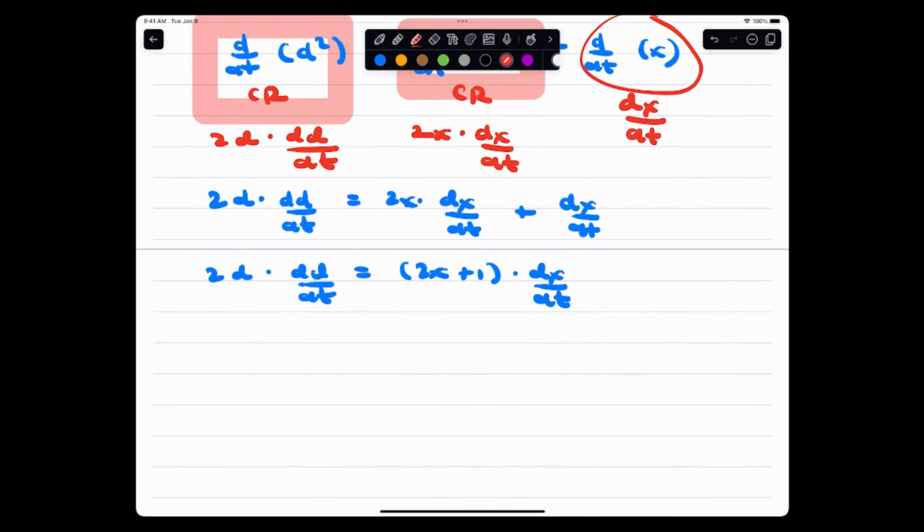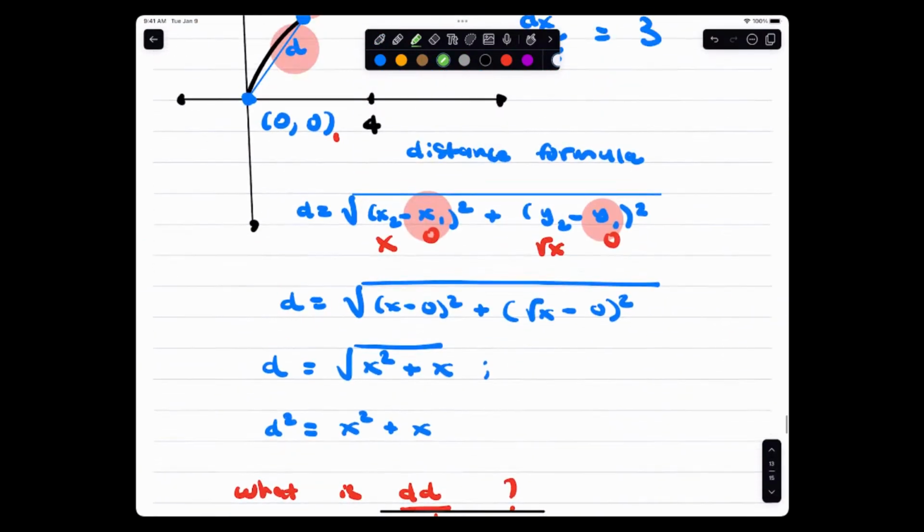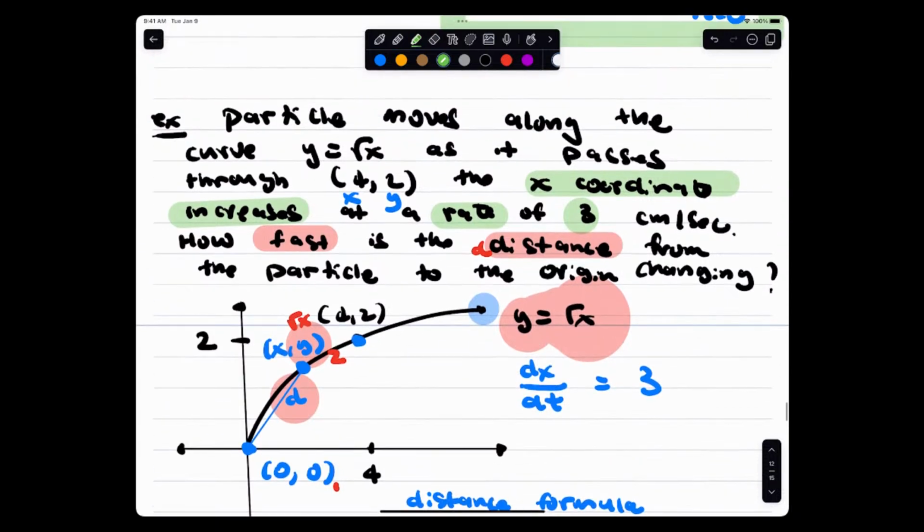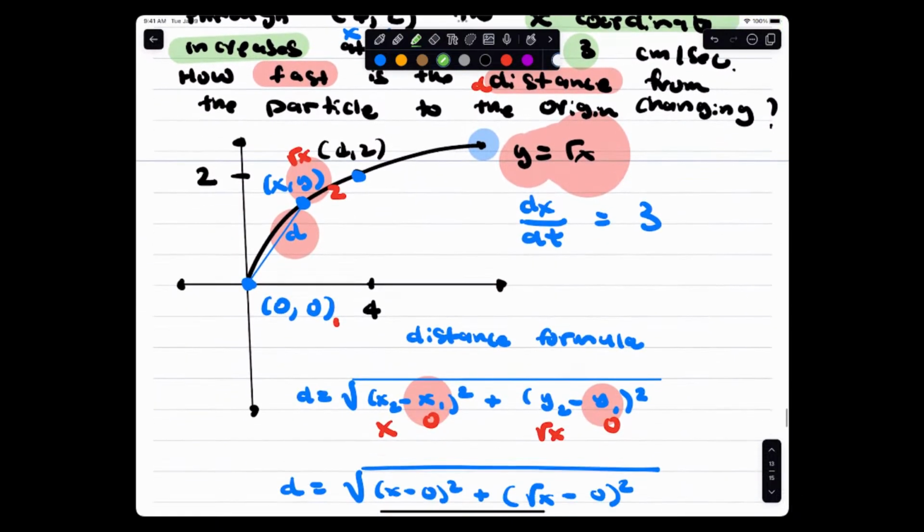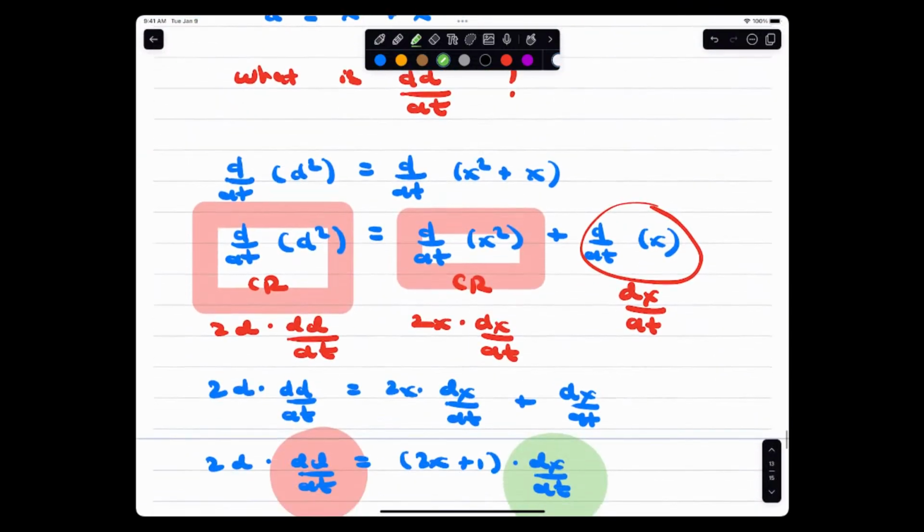Notice they're asking for this. We already know what dx dt is. I believe I painted it green, and it's 3, yes. There we go. We put it down here. So that's going to be 3 here.